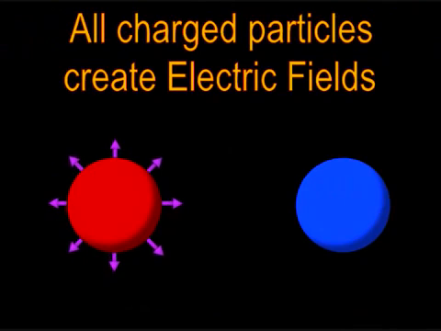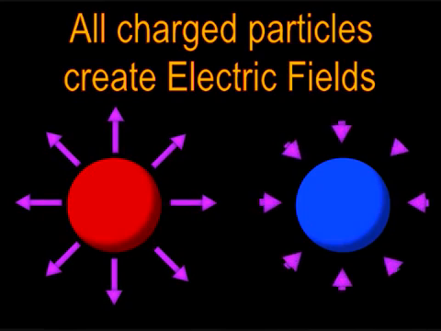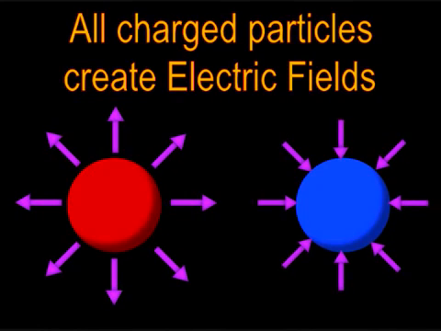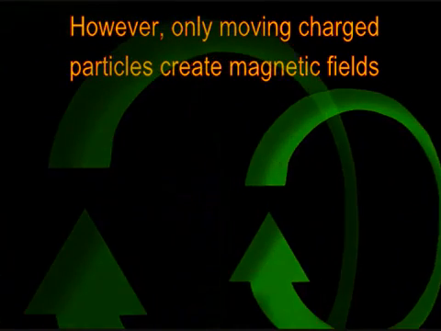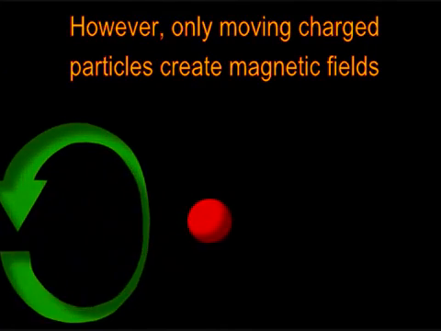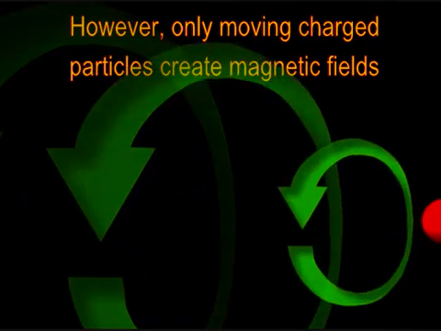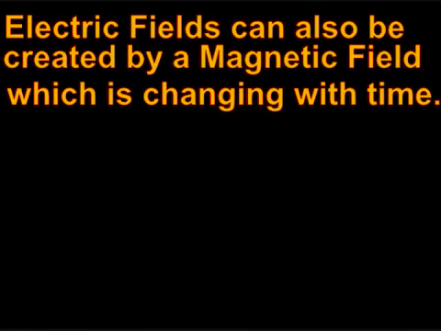All charged particles create electric fields. However, only moving charged particles create magnetic fields. Electric fields can also be created by a magnetic field that changes with time.